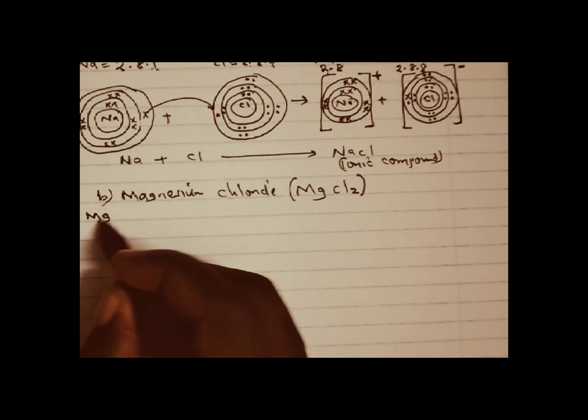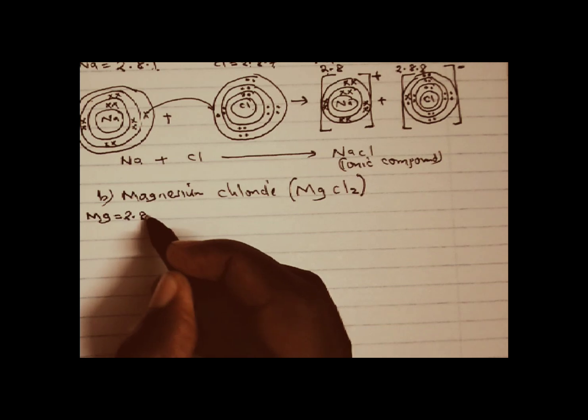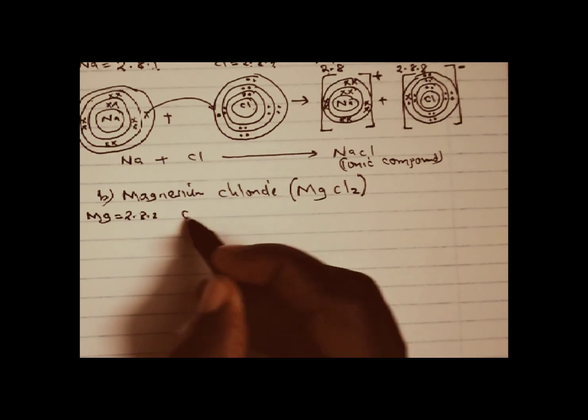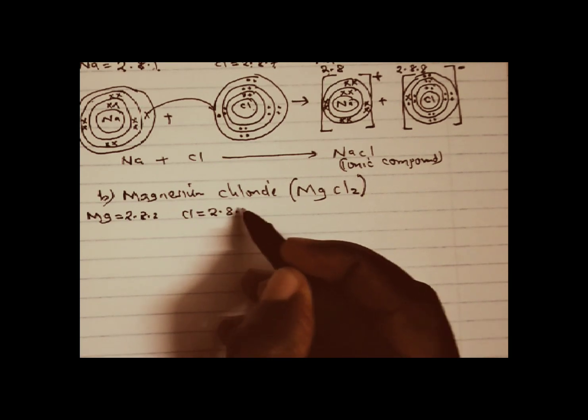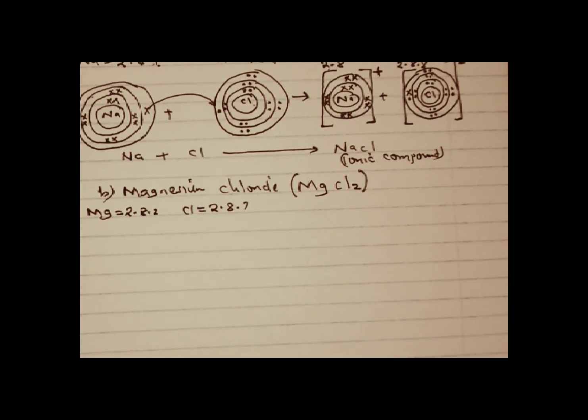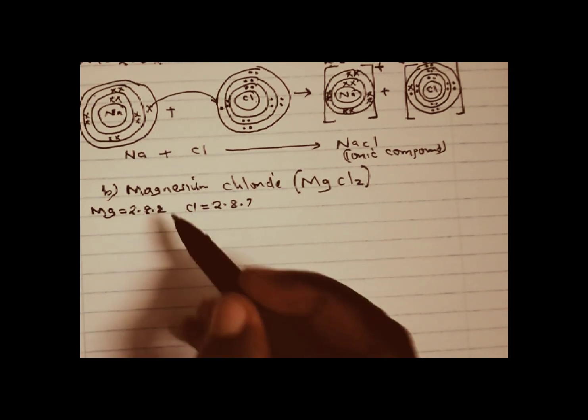Magnesium is atomic number 12 with an electron arrangement of 2,8,2. We also have chlorine, atomic number 17, with an electron arrangement of 2,8,7. We are going to start by drawing the structure of magnesium.